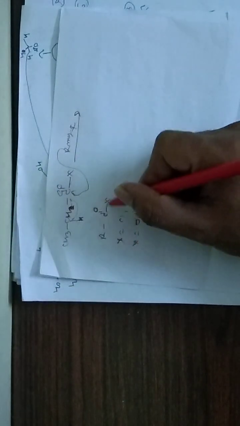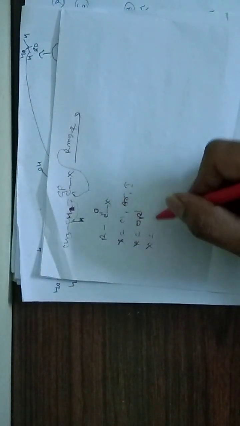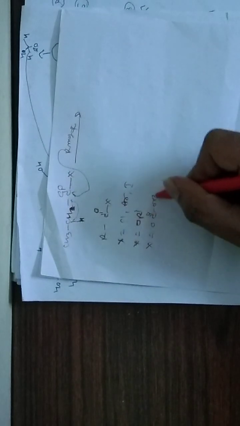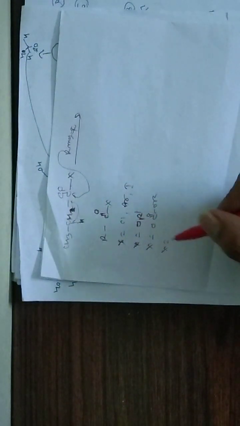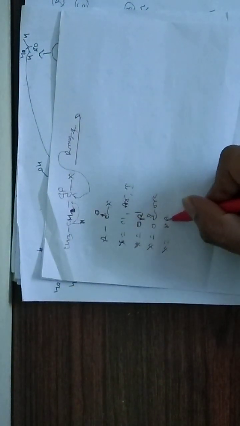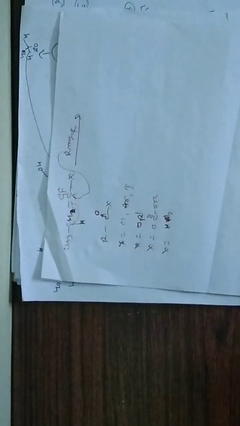If X is OR, what will form? Ester. Sometimes OC=OR, which means anhydride. Sometimes amide. This is also a good leaving group. So these are the compounds where the addition elimination reaction with Grignard reagent will happen.